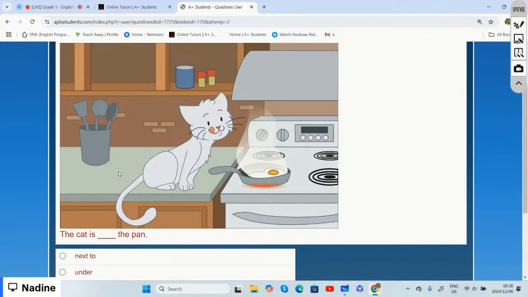So do we say, if we look at the sentence, do we say the cat is next to the pan?